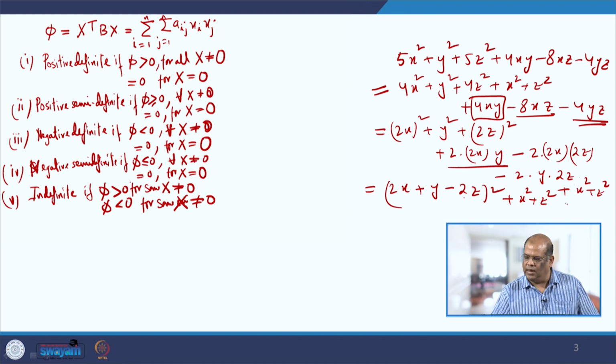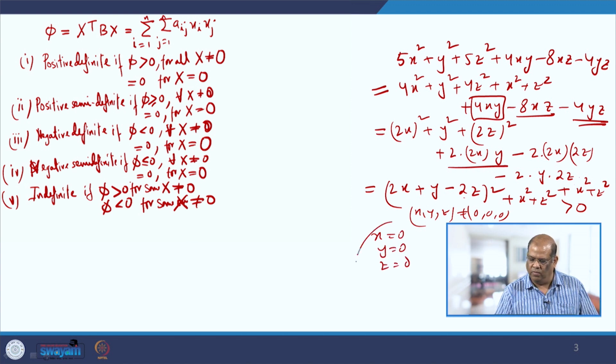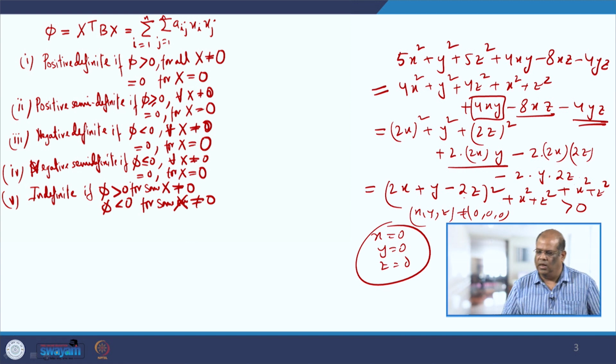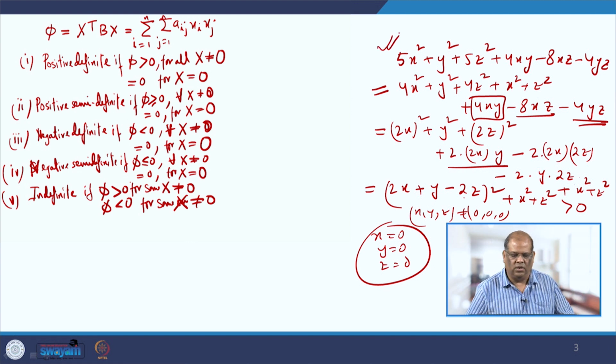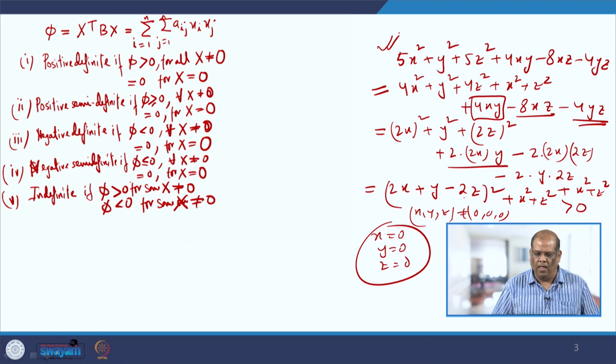So, you can see that this is always positive for all non-zero x, y and z, and this is only equal to 0 when x equal to 0, y equal to 0, z equal to 0. So, this satisfies the definition of positive definite, and hence this quadratic form is positive definite. So, that is how you prove it.